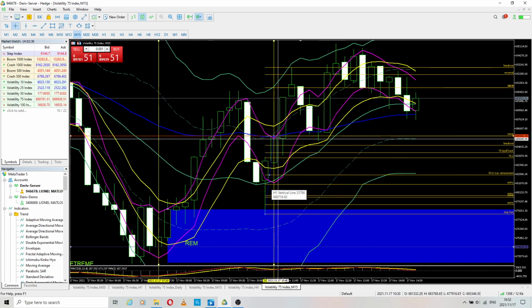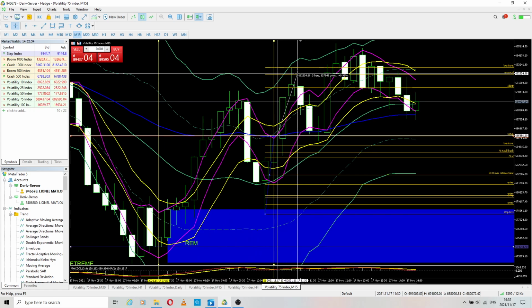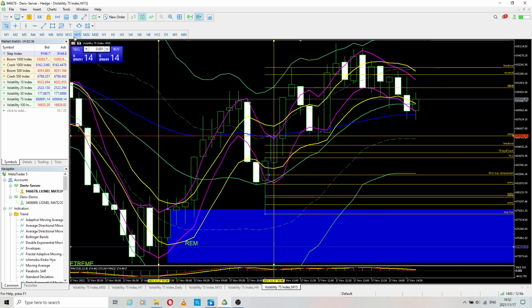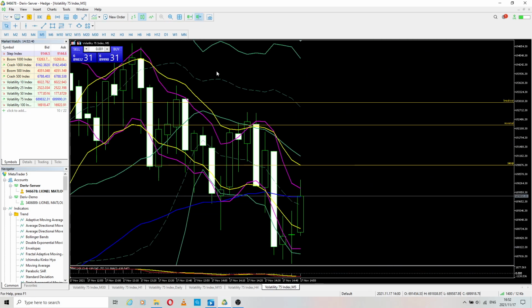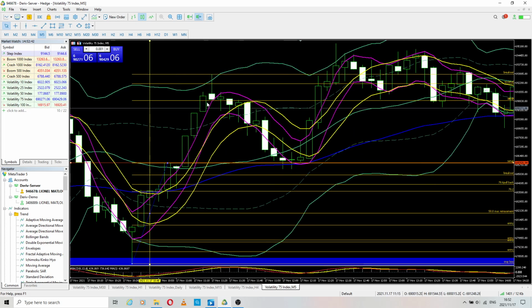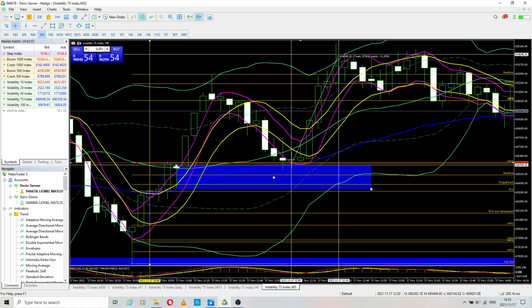This was extreme, as you can see, and you can take a trade there to the upside, or you can wait. You can wait for the market to reverse, then you'll have a trade here. When the market comes back, then you take your trade there to the upside.